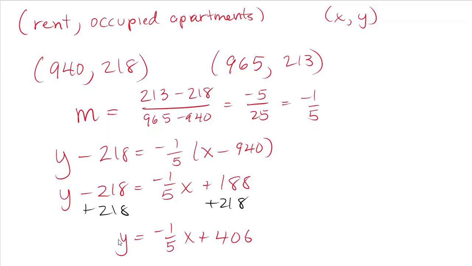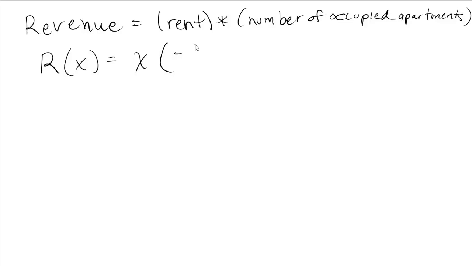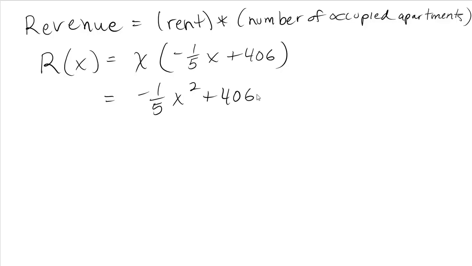This is the number of occupied apartments in terms of the rent. We can use this expression to represent the number of occupied apartments in our revenue function. This is negative 1/5 x plus 406. Now I distribute, that's negative 1/5 x squared plus 406x.